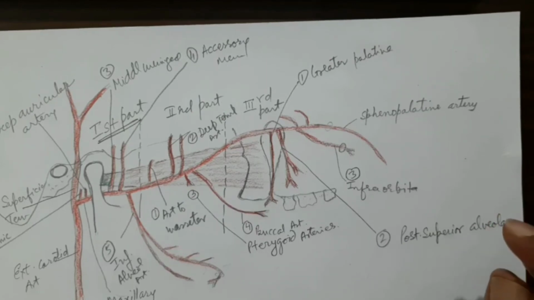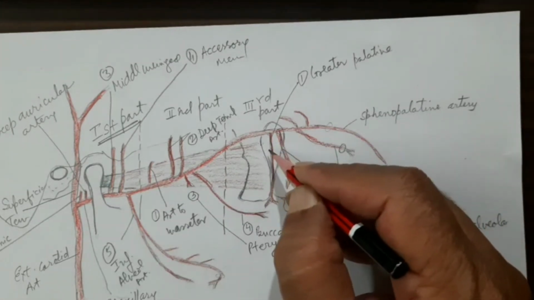Then let us see the artery of the pterygoid canal, which goes backward through the pterygoid canal.